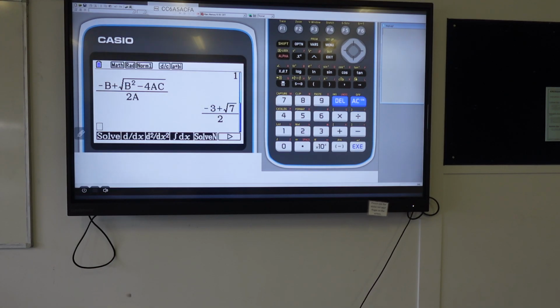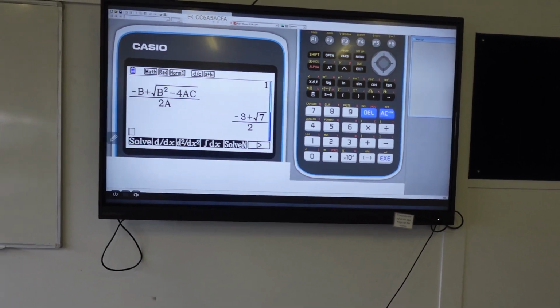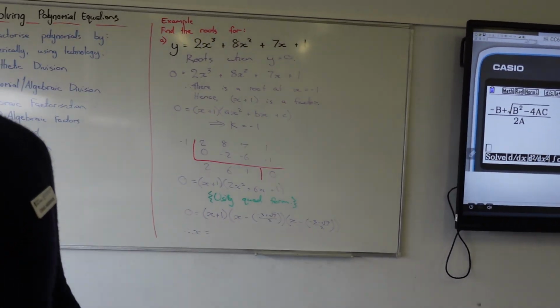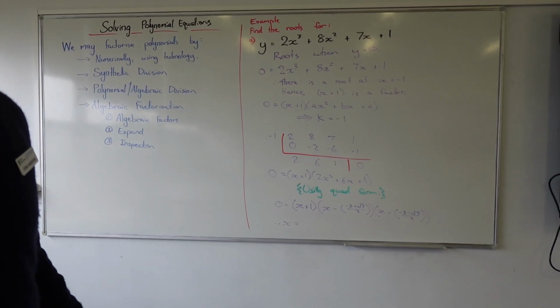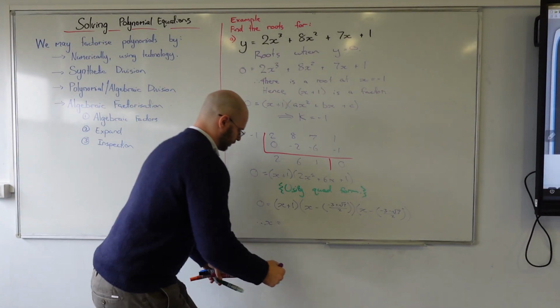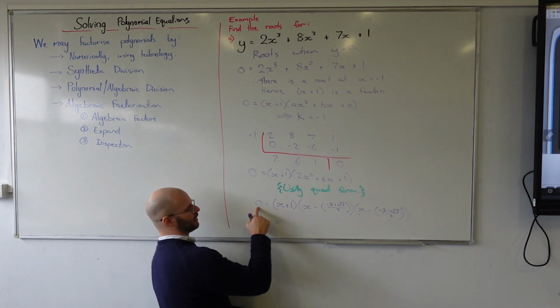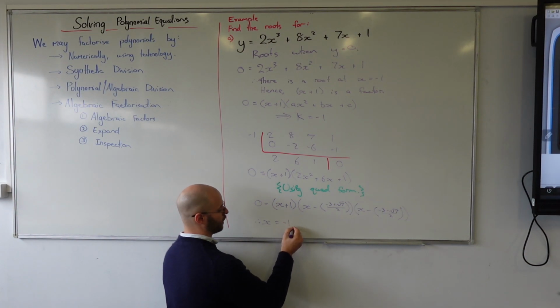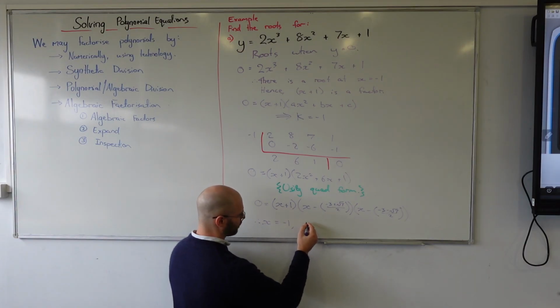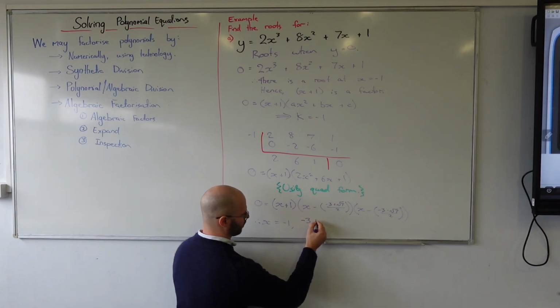Therefore, to get x equals 0 using the null factor law, we're going to get minus 1, and then we're going to get negative 3 plus or minus root 7 on 2.